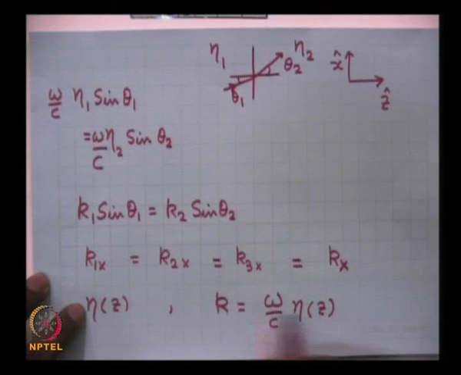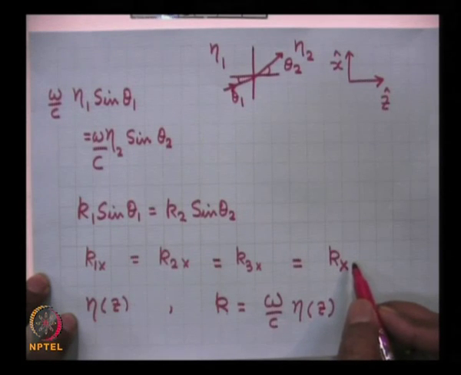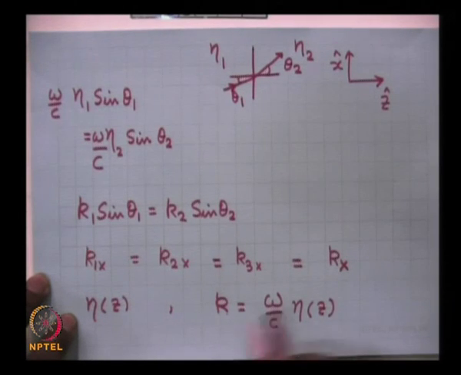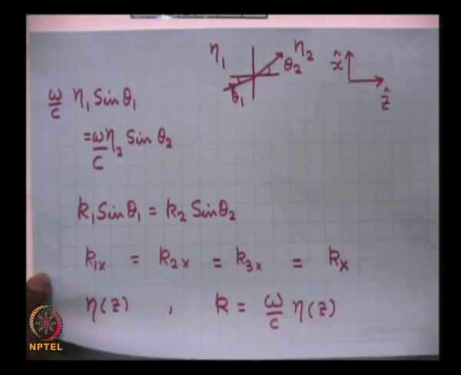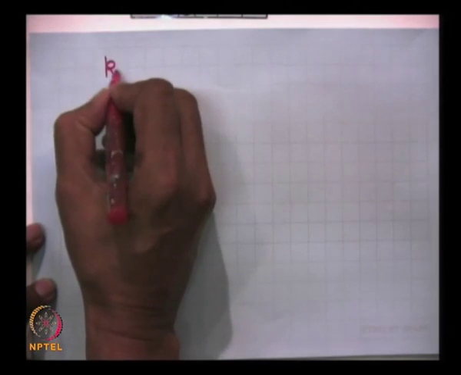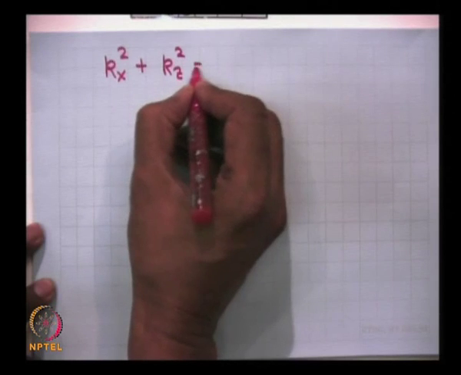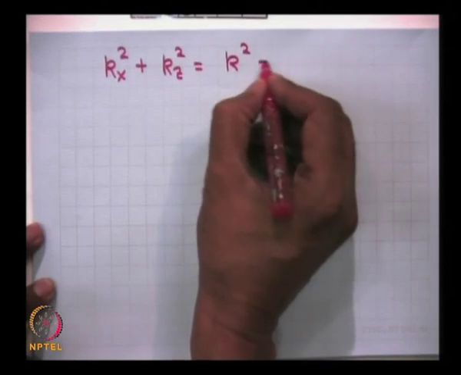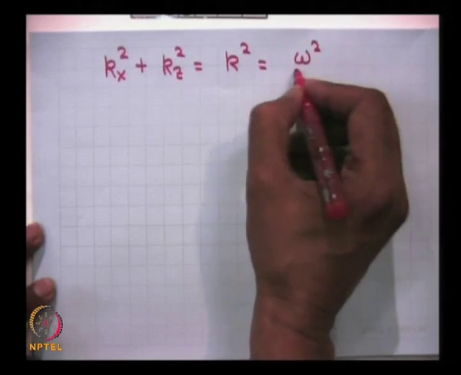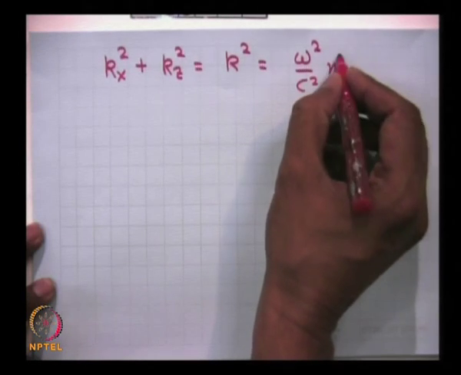So, total k is decreasing as eta decreases with increasing density, but kx remains constant. In order to have k vary, kz must change. So, what you really have, because kx square plus kz square is equal to k square, which is equal to omega square by c square into refractive index square.